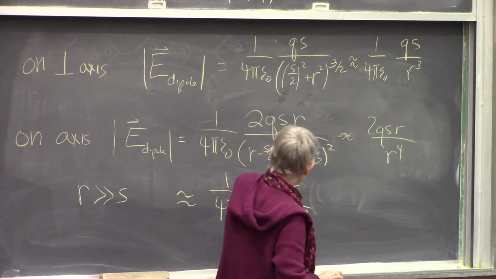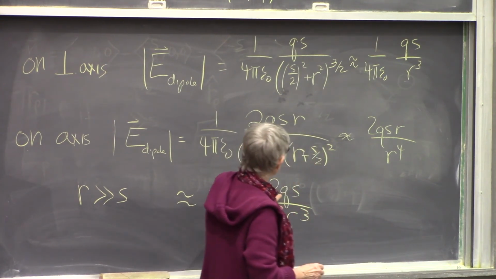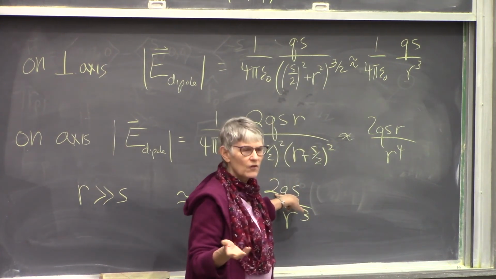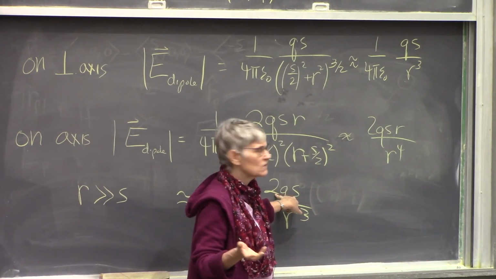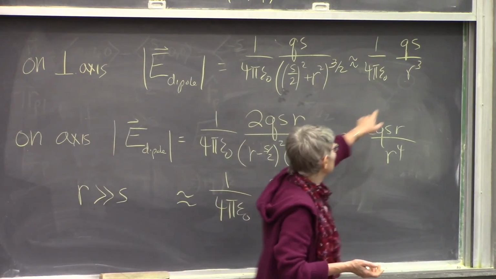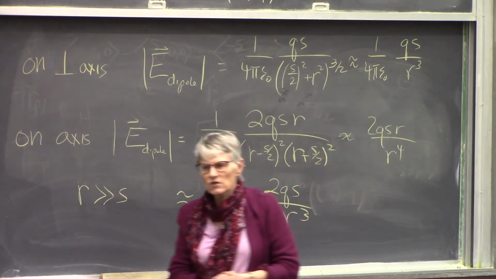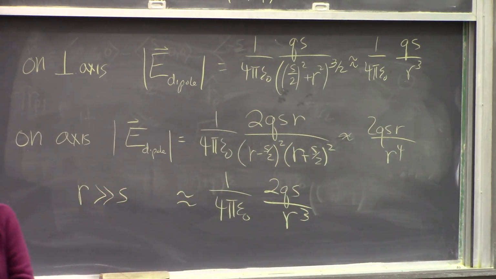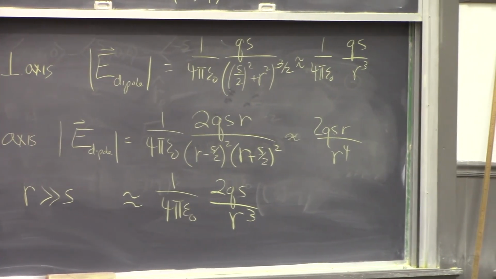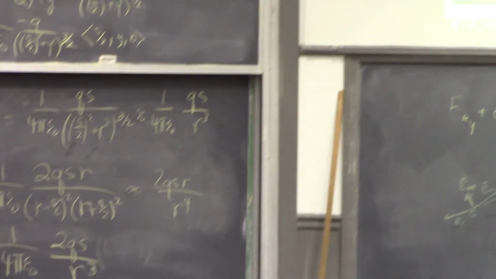So notice that the magnitude of the field on the dipole axis at any distance is actually twice the magnitude of the field on the perpendicular axis. And we saw that in our GlowScript program here.